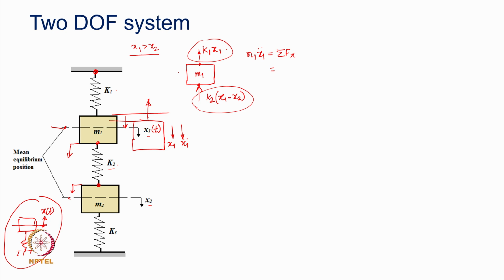And mind you, the acceleration is downward here. So, in that direction, what are the forces acting on this mass in the direction of acceleration? Minus k1 x1, please make a note, this is acting upward, and then minus k2 into (x1 minus x2).